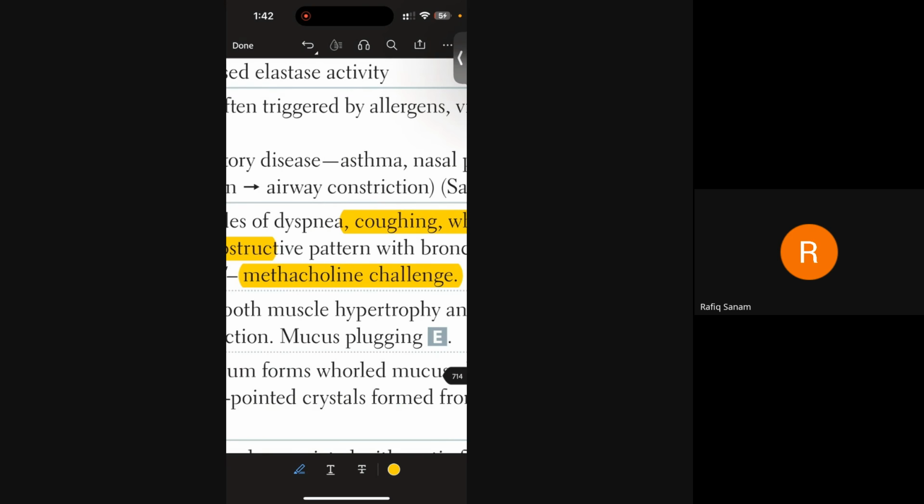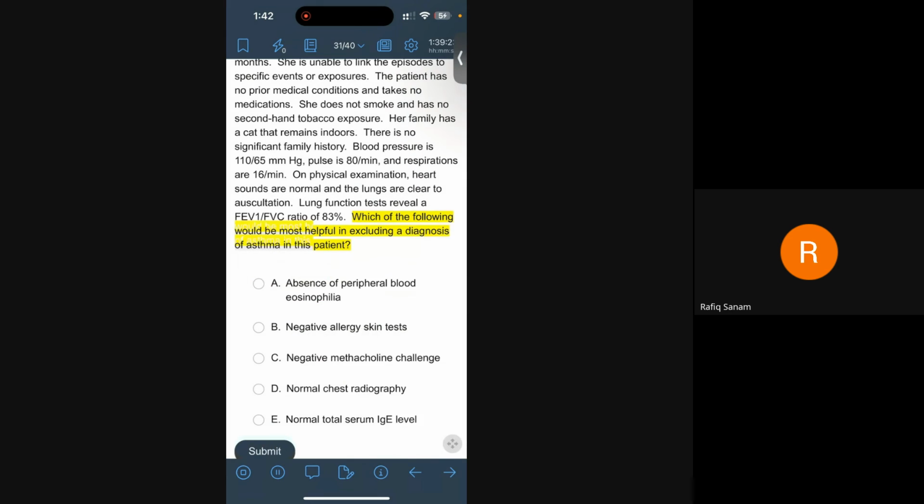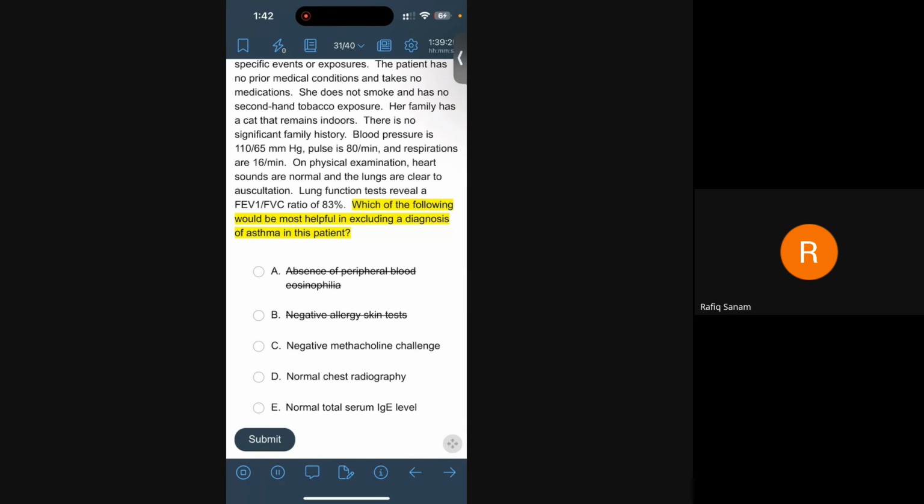If the bronchoconstriction is very large, that means the bronchi are hypersensitive. That means the patient has asthma, because in asthma the bronchi become hypersensitive to different allergens.